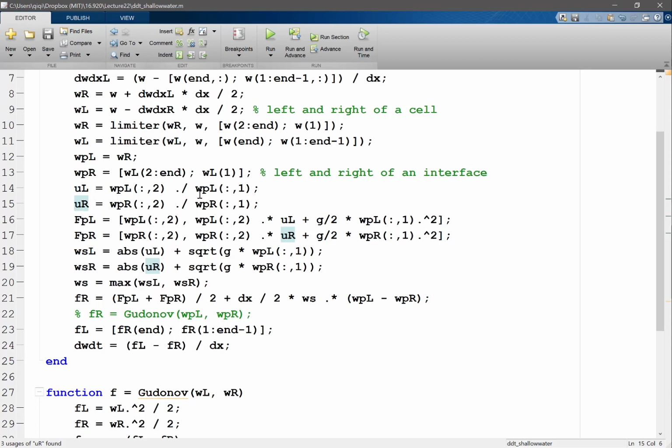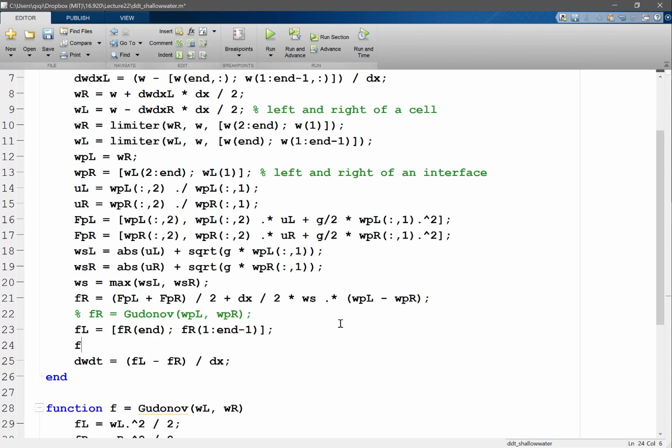So let's actually, in order to make it non-periodic, what we have to do is modify the flux on the left for the very first cell. So the flux on the left is going to be for the very first cell. So there should be no mass flux, right?